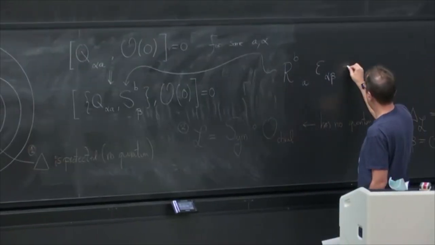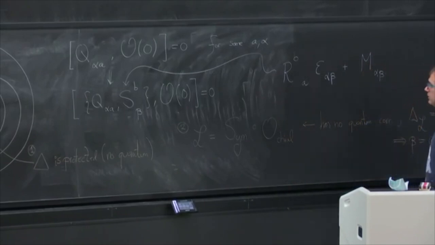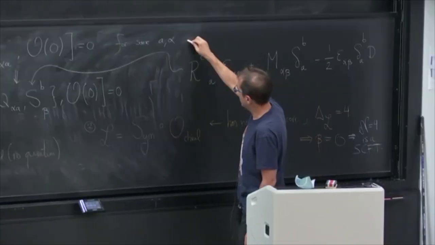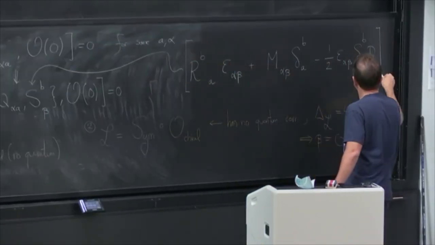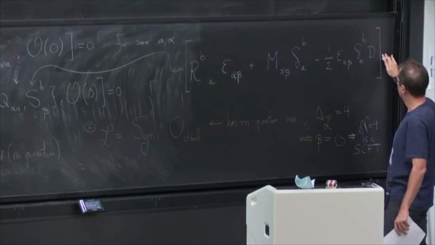Then the second term plus would be some rotation M alpha beta times delta BA. And the last term would be minus a half of epsilon alpha beta delta AB times D, up to some factors of 2 and i's. And you would have this acting on the operator O.